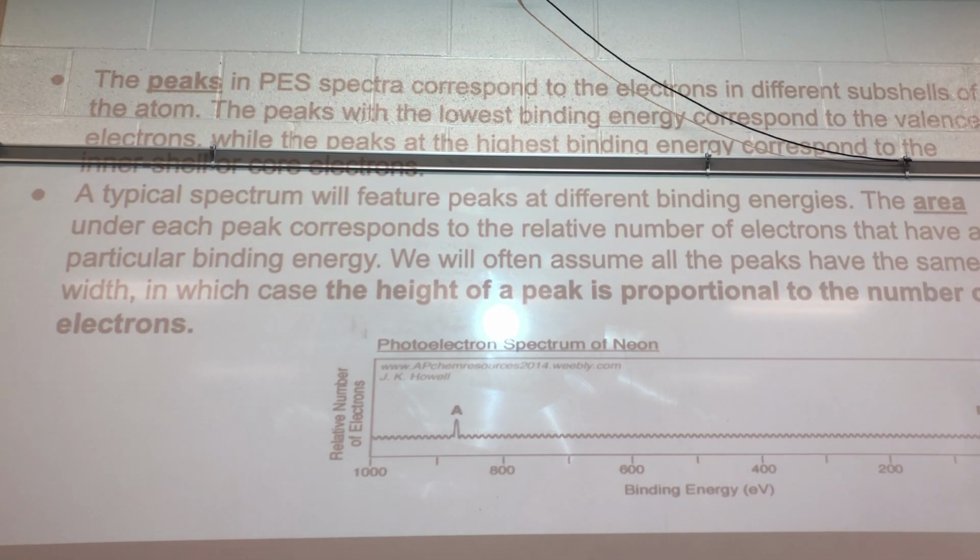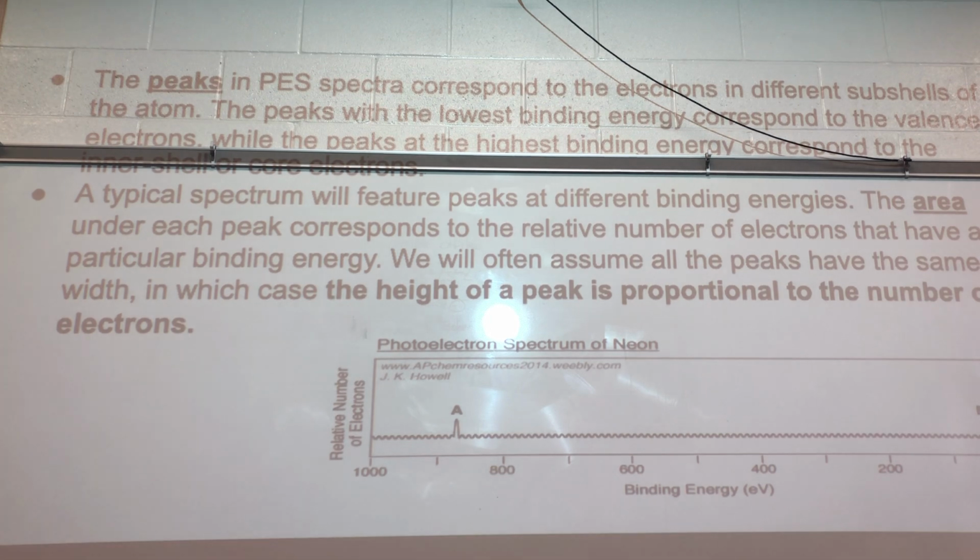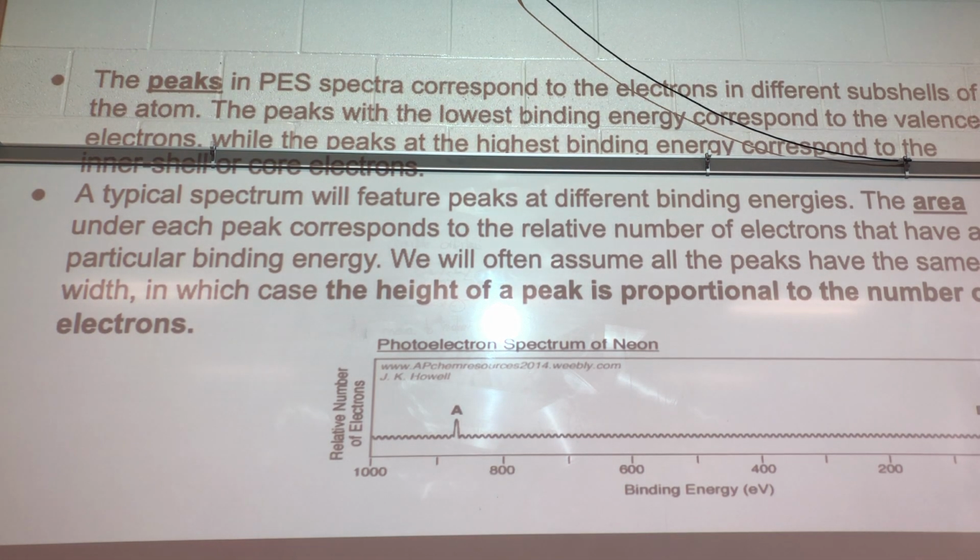So the graphs that we get with photoelectron spectrums look something like this. Okay, let's pay attention. First off, anytime you read a graph, in any class, ACT primarily, the first thing you should always look at are your axes, the x-axis and the y-axis. What are they telling me?